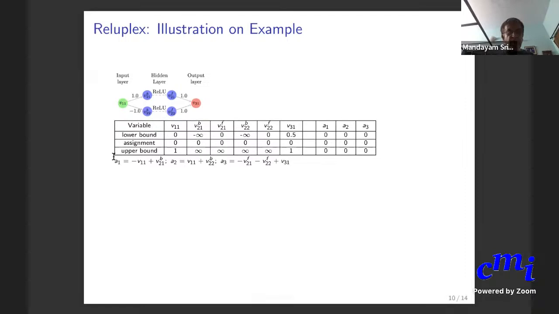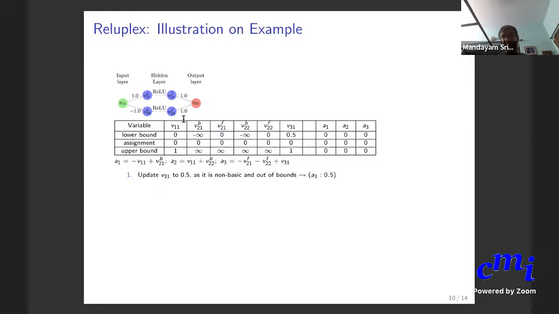Let me start with this. This is the starting over-approximation. I'm starting with the assignment that assigns value 0 to every variable, and obviously in this assignment the non-basic variable V31 is out of bounds.